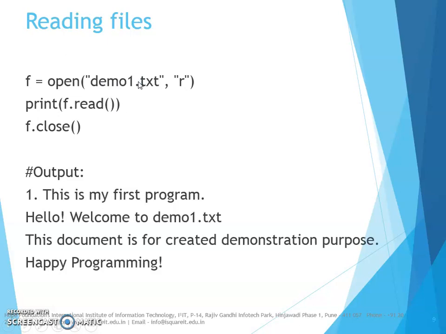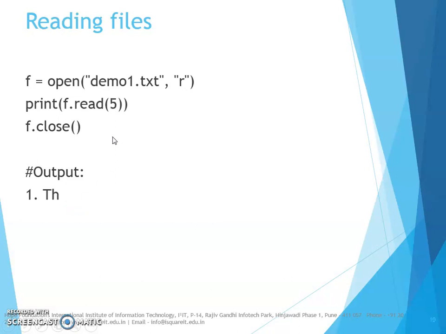If we check, 5 characters means this is the first character, second, third, fourth and fifth. So it will print 1 dot space th. We'll see the output is, as we want to print only 5 characters, it will print 1 dot space th. So only 5 characters will be printed if we are mentioning this count here.